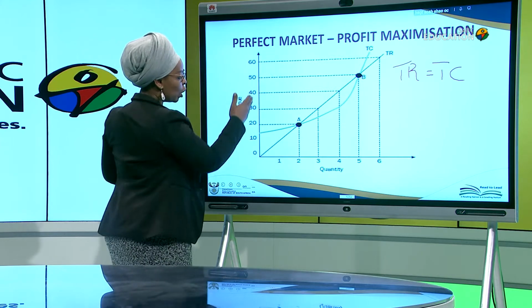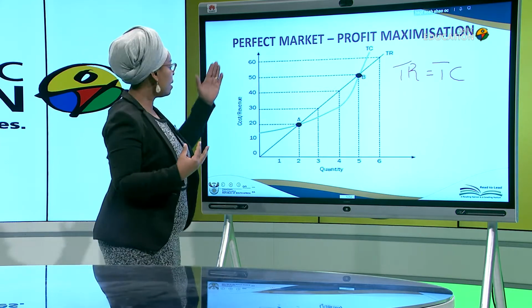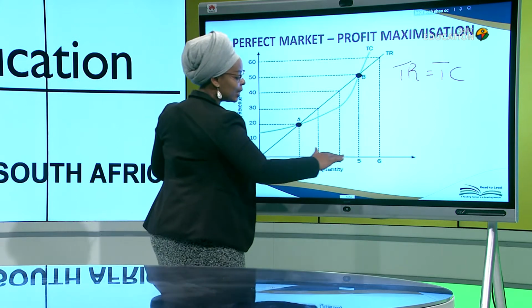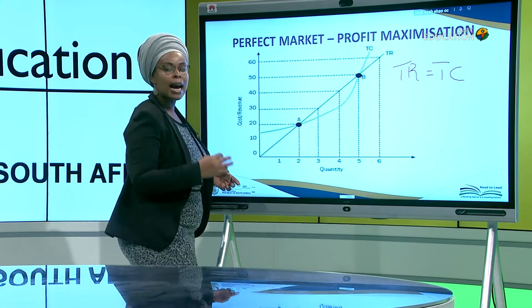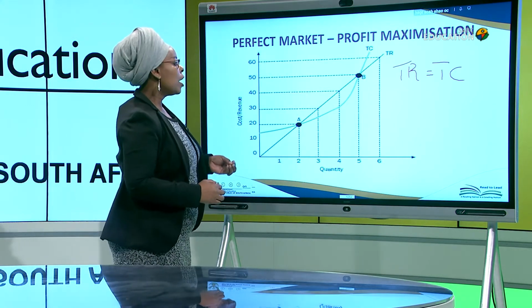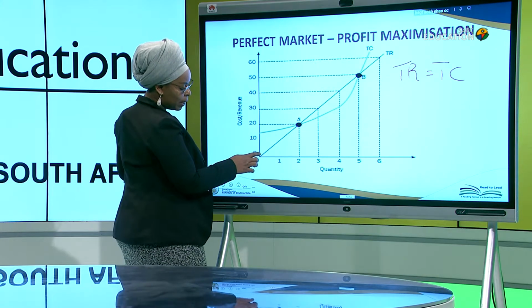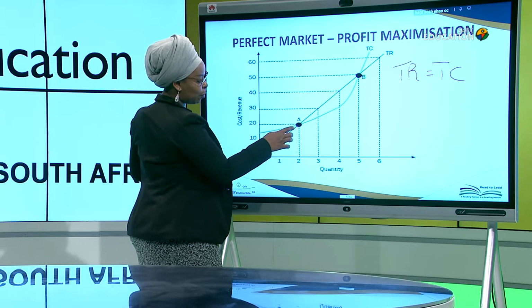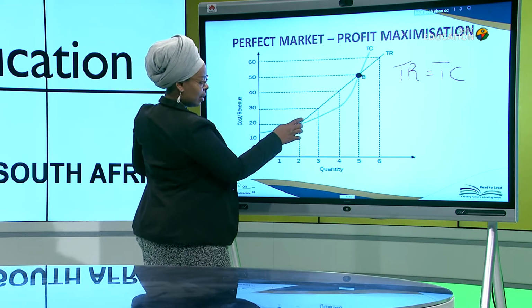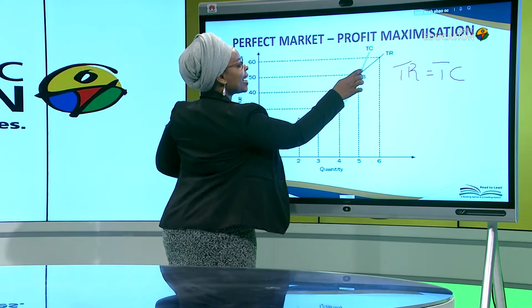You'll have to plot a vertical axis and a horizontal axis and label it accordingly. Then your total revenue curve will be an upward sloping curve. You see, it starts from 0 and rises upward.